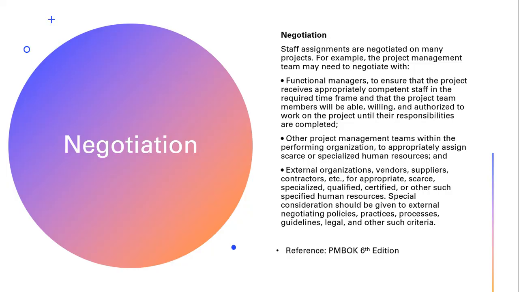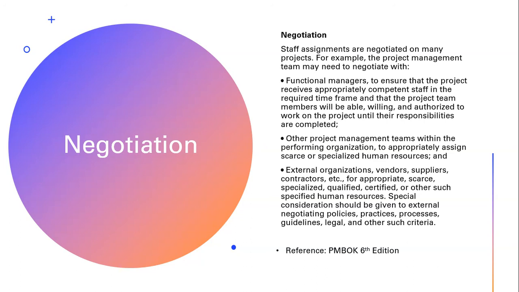Another tool and technique is called negotiation. Always remember, in any project, a project manager cannot have around 100 team members all the time sitting in front of him. Obviously, you will ask your functional departments to provide you suitable team members for your project work.